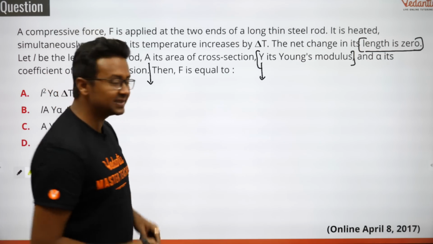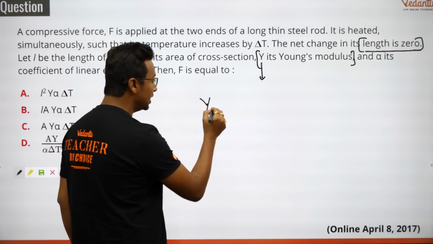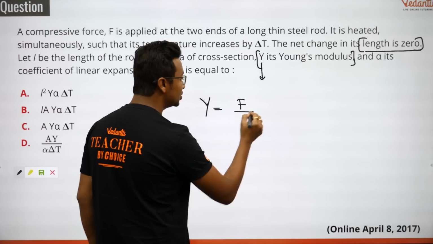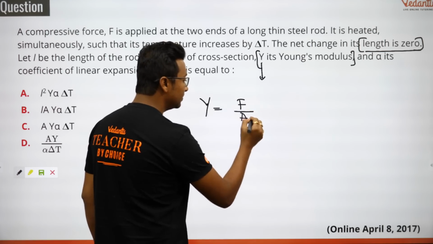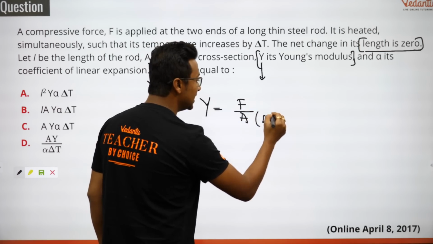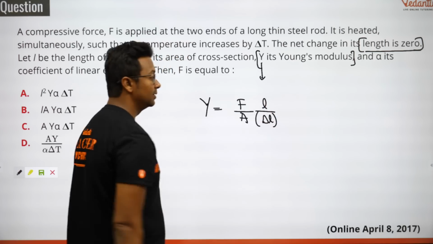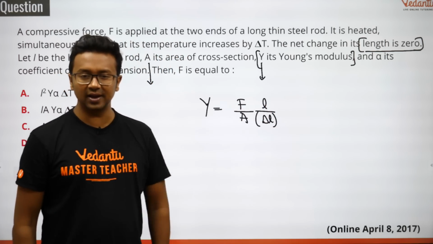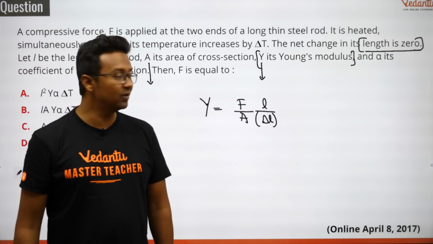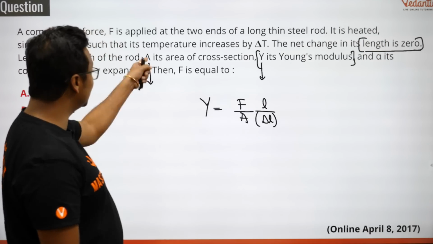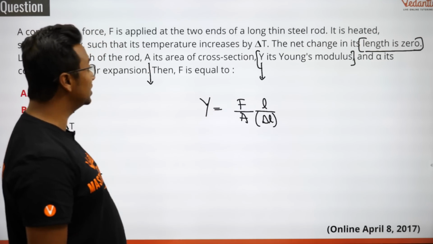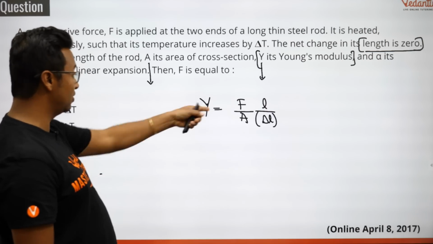Now, look at it. Very simple. How do we go about it? Young's modulus is force upon area into L upon delta L. Stress by strain. Very simple. What do we do here? Did they mention to us what the area is? Yes. Did they mention to us what the force is? That is what we are supposed to find out. We got it.